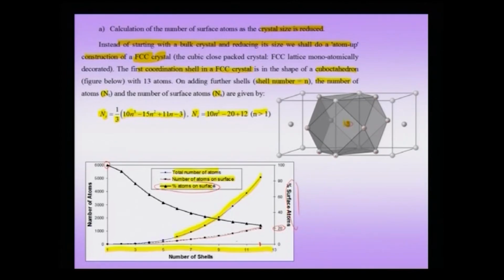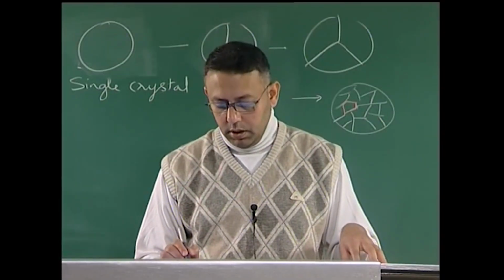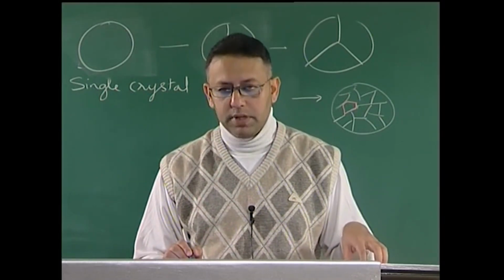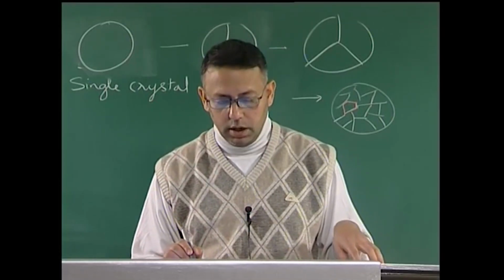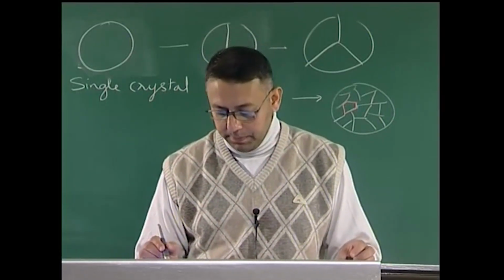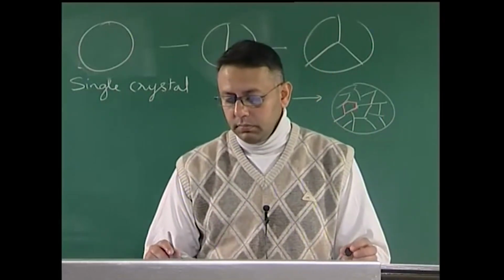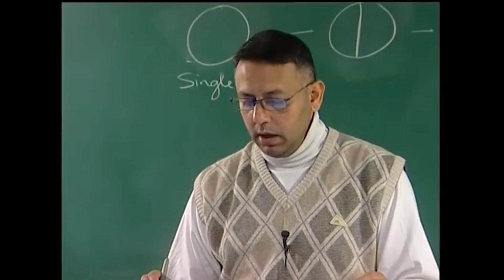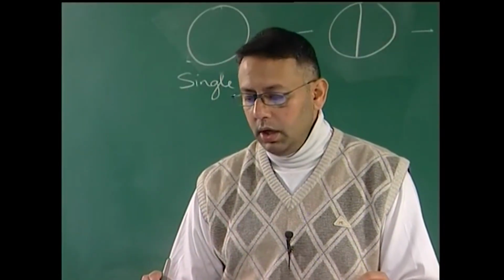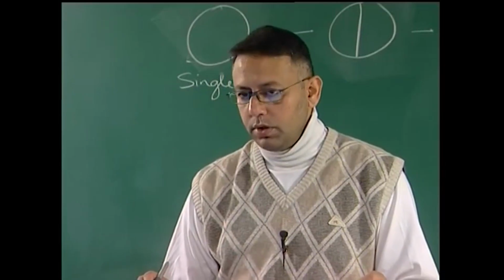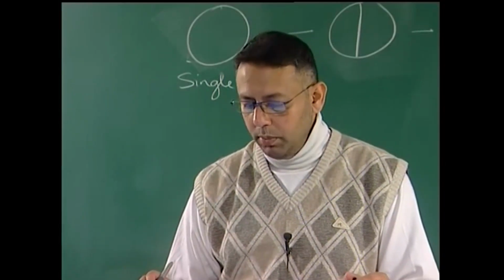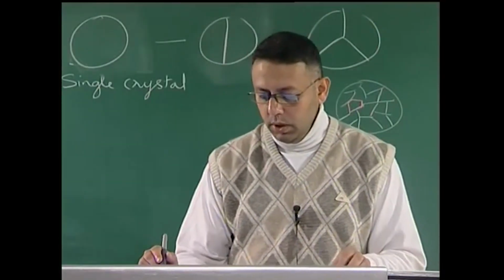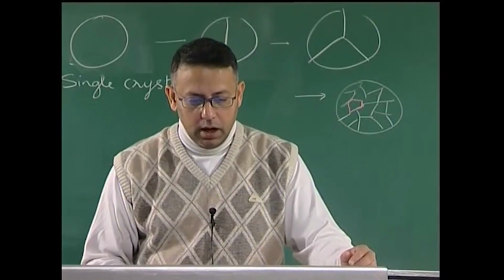So, it is very clear that in the bottom up approach, as I add more and more shells, the percentage of atoms sitting on the surface is going to drastically reduce, and this implies that the effect of surface atoms is also going to reduce, and the energy of the particle is correspondingly going to reduce, because in the overall Gibbs free energy the surface contribution is going to be less, and I will find the particle is more and more stable as I go to larger and larger sizes.